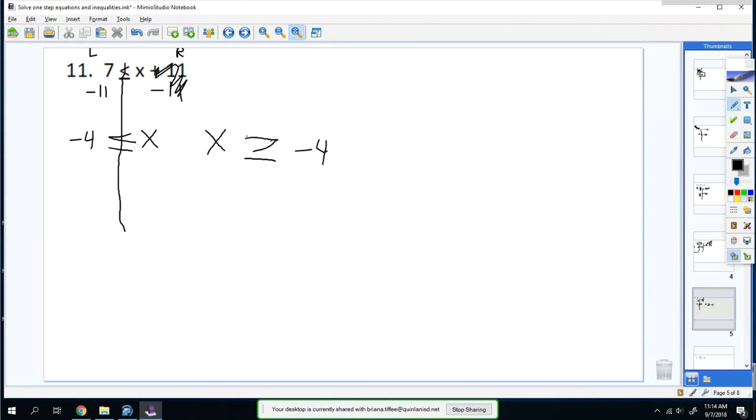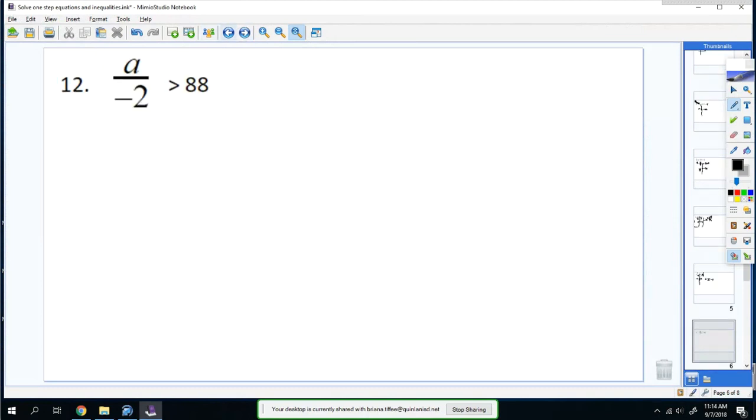All right, let's try another one. A divided by -2 is greater than 88. We're going to draw my line and look at the left side because of the letter. Since it's being divided by -2, we're going to do the opposite and multiply by -2.